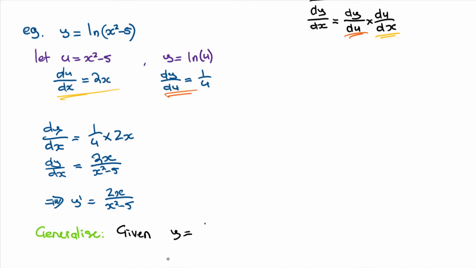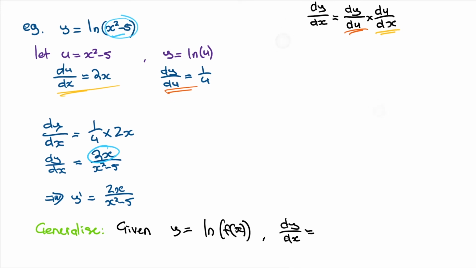So if we have a function within the natural log of x, what we notice here is our pattern for the derivative, or dy/dx, and I'll point out some different colors here. We took the inside function, which was x squared minus 5, we differentiate that, we got the numerator of our derivative term, and what was originally on the inside was on the denominator.